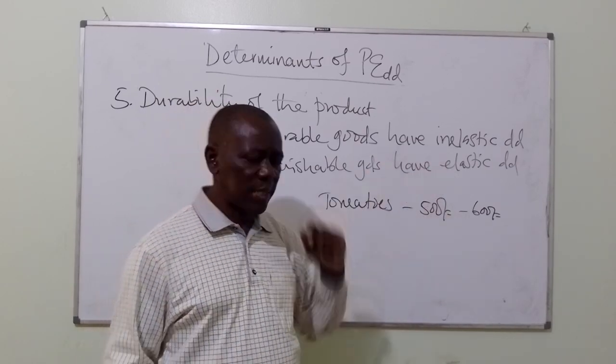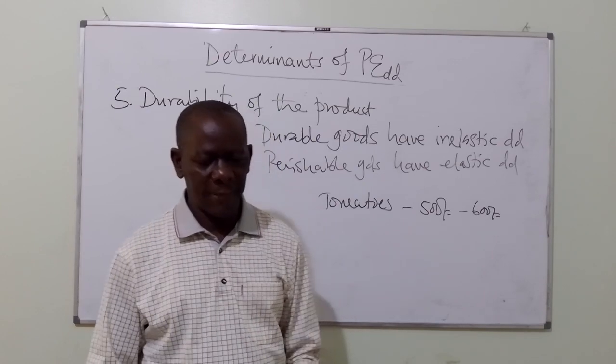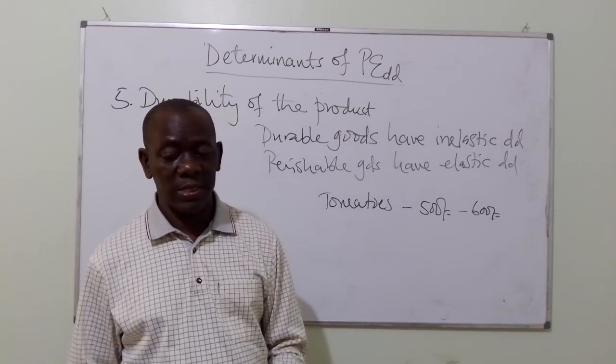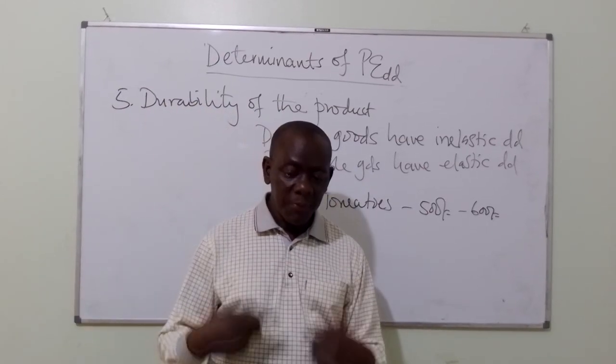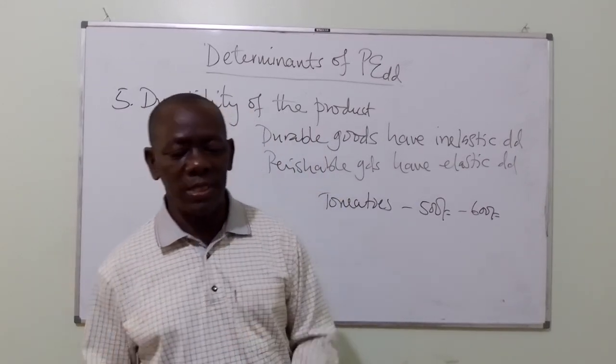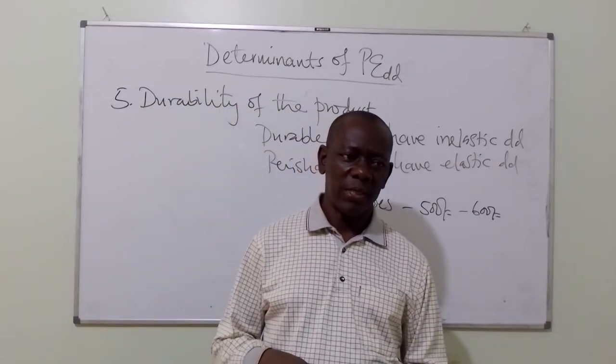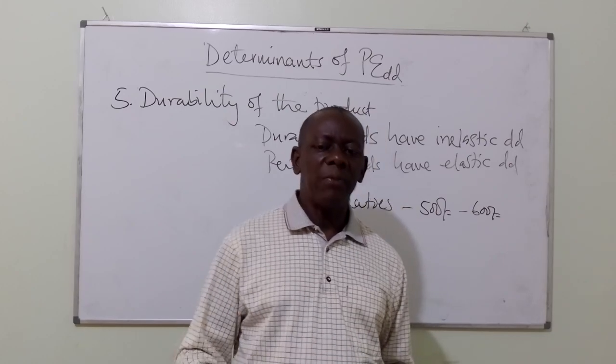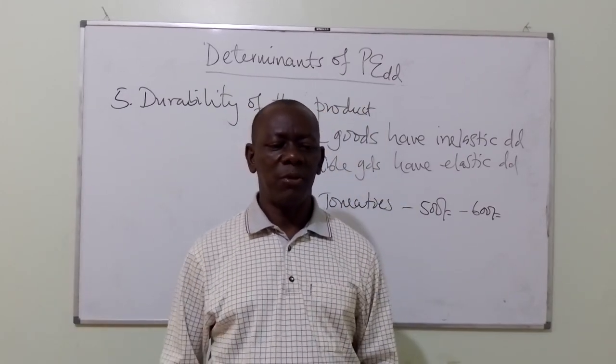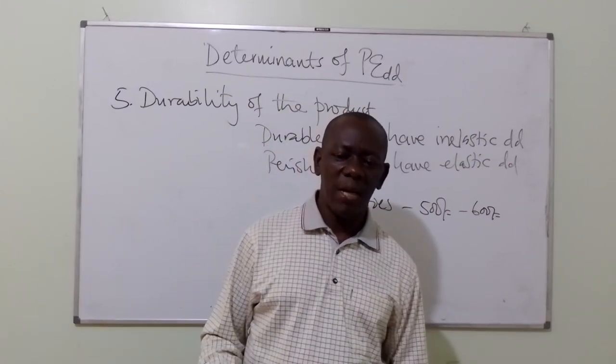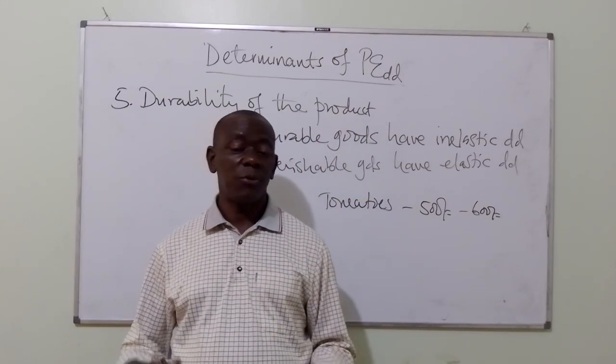Why does it have elastic demand? The perishability, because it perishes very fast. Because the consumer keeps on coming to the market every day to buy that same commodity. So you cannot buy for 2 weeks. You cannot buy tomatoes of 2 weeks. You cannot buy oranges of 2 weeks.